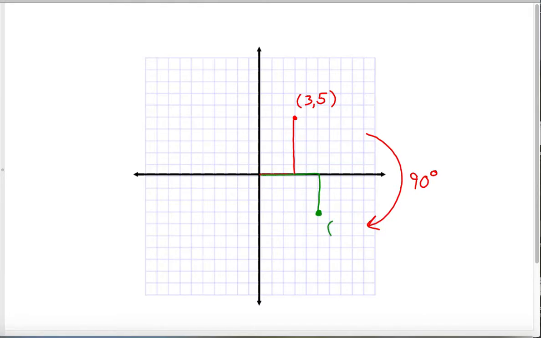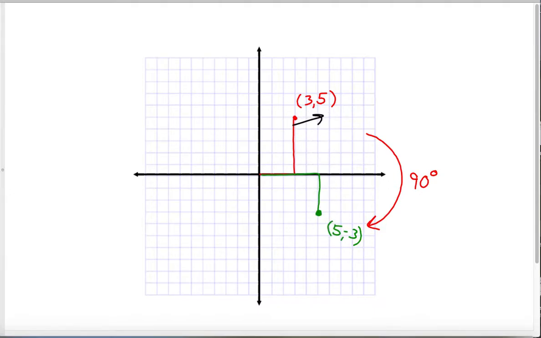Now what are the coordinates of this point? It would be 5, negative 3. So let's look at the pattern here. What happened with our numbers? The original was 3 and 5, and now it's 5, negative 3. So we switched the order of these two numbers, and then the x number changed signs, but the y number did not change signs.